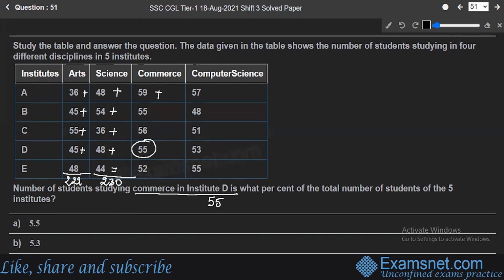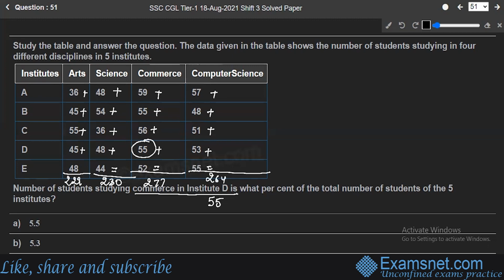Then 59 plus 55 plus 56 plus 55 plus 52. This will give you a total of 277. 57 plus 48 plus 51 plus 53 plus 55 is equal to a total of 264.